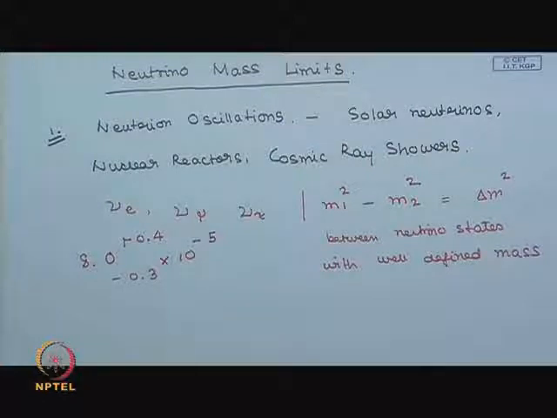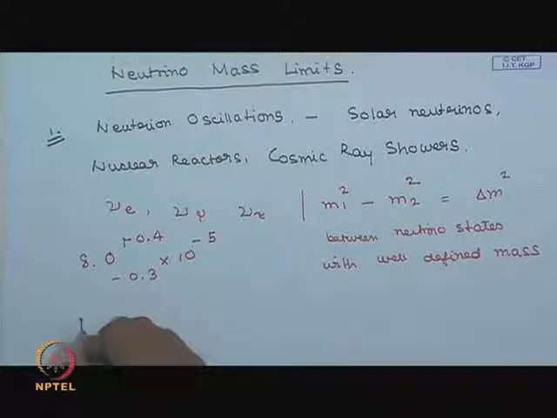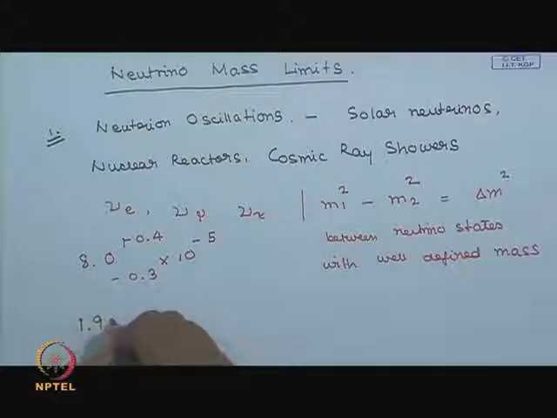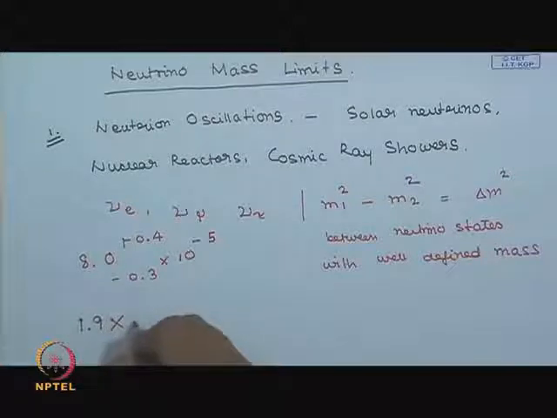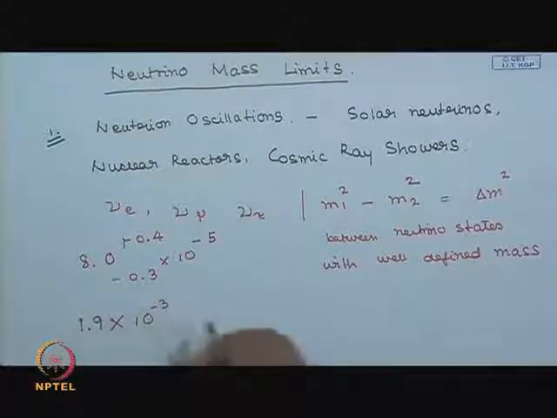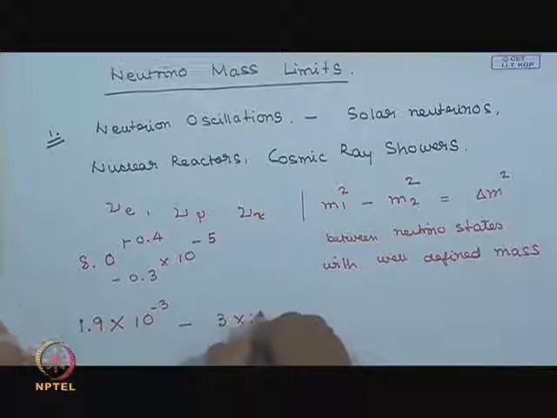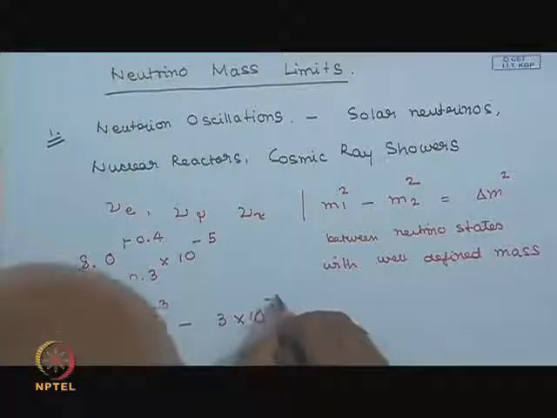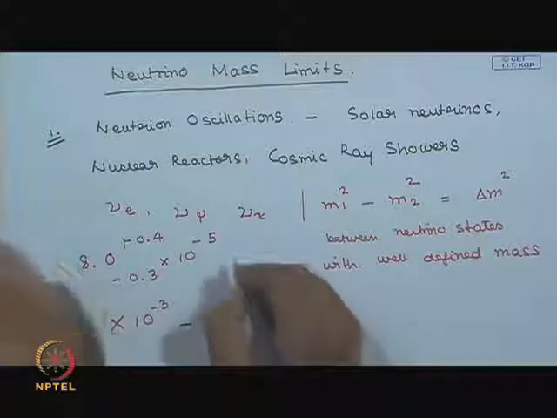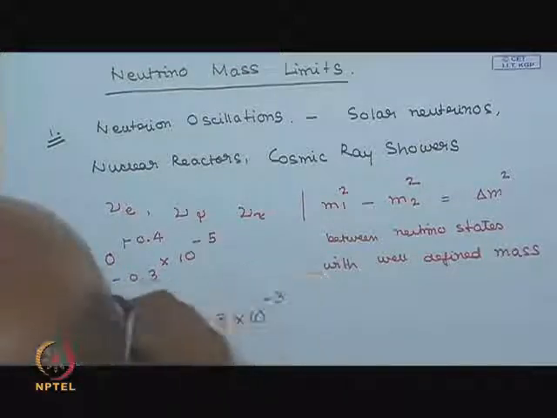The other limit is that the mass difference should lie in the range minus 1.9 times 10 to the power minus 3 to 3 times 10 to the power minus 3. These are all in electron volts squared.